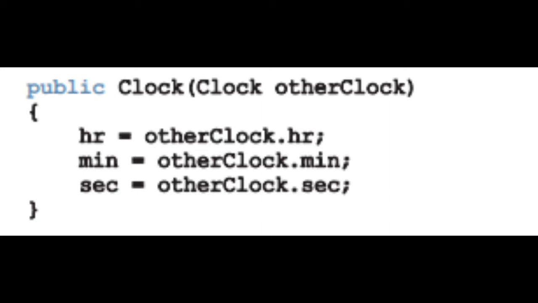If you include this definition of the copy constructor in the class Clock, then the statement in line 2 declares aClock to be a reference variable of type Clock, instantiates the object aClock, and initializes the instance variables of the object aClock using the values of the instance variables of the object myClock.